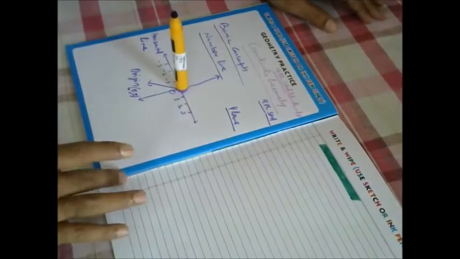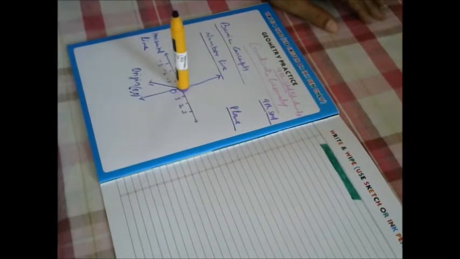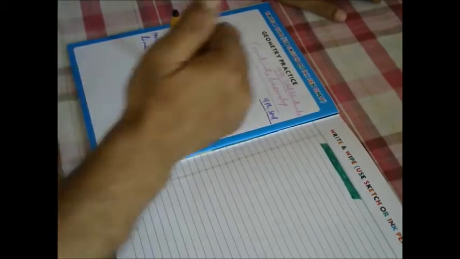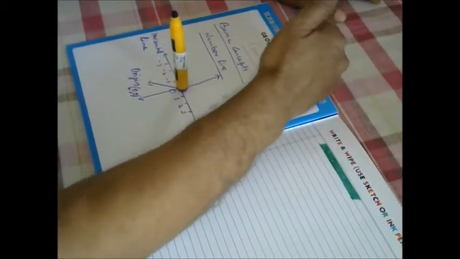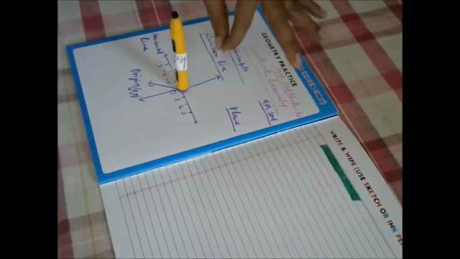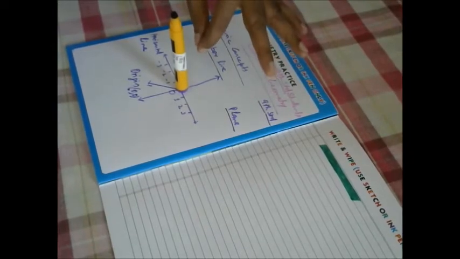This is the margin. From the right hand margin the distance is so and so, suppose it is 5 centimeter, and from the top margin the distance is somewhere 10 centimeter.